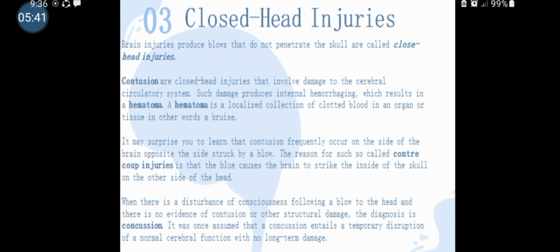It was once assumed that a concussion entails a temporary disruption of normal cerebral function with no long-term damage. So, kaning closed head injuries, makakos ni siya og broken bones to the skull or face o brain damage. Kung ma-brain damage, pwedeng masamaran siya nga makakos sa bleeding in and around the brain.